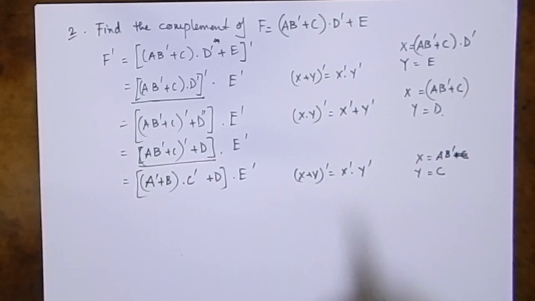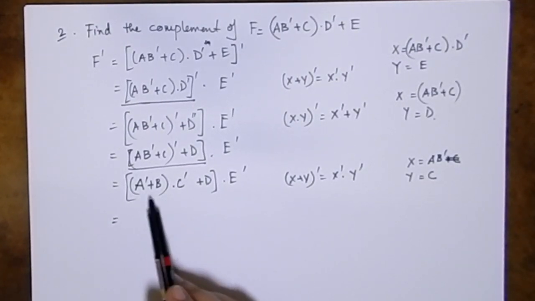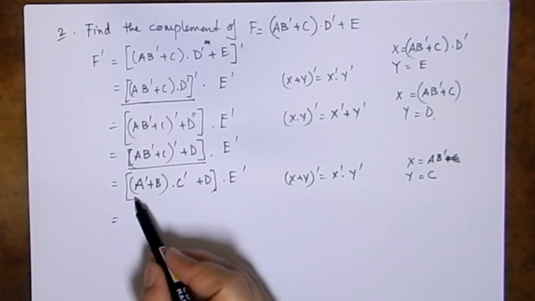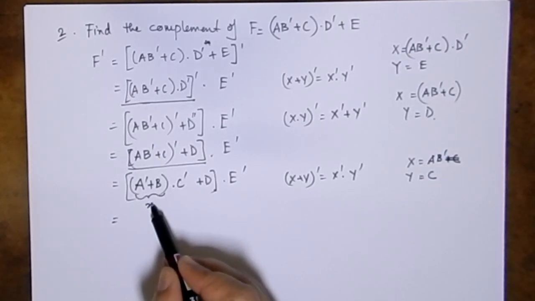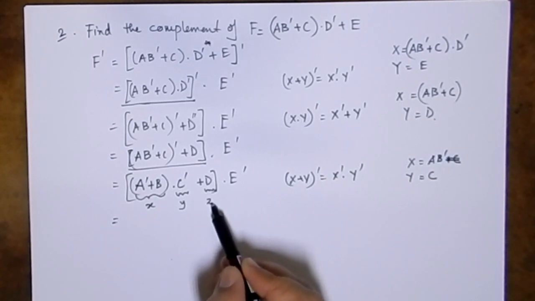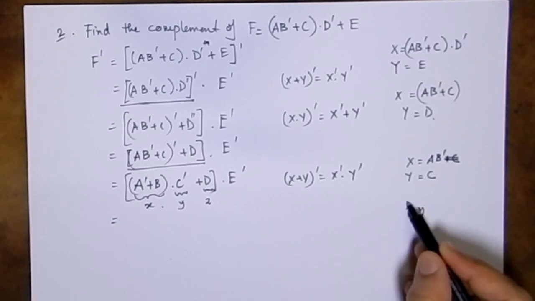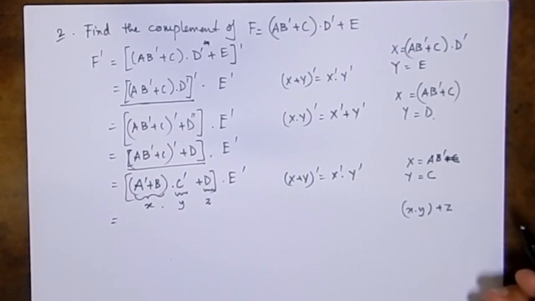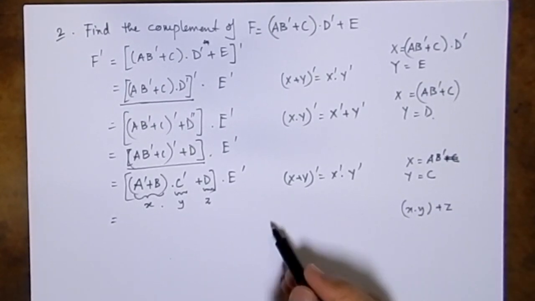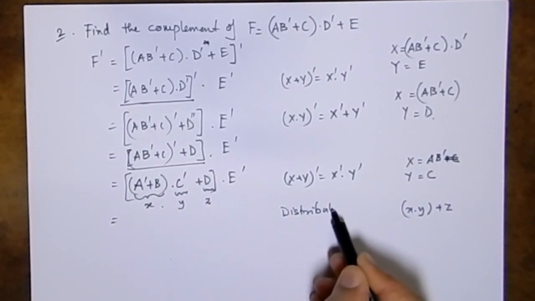Now if you see in this equation, I can take this to be x, this to be y, and if I take this as z, what do I see? I see x dot y plus z. So can't I use the distribution law over here? Which law?